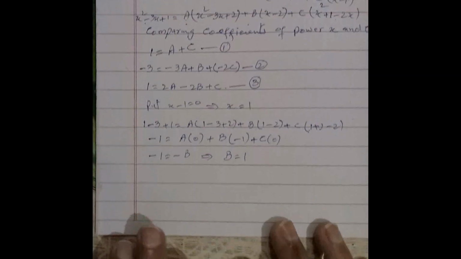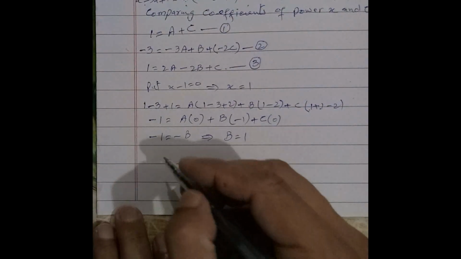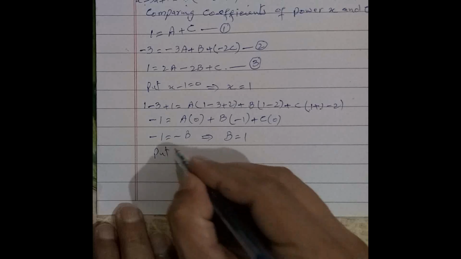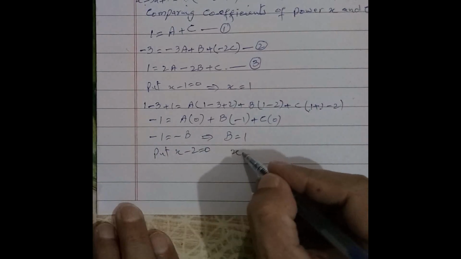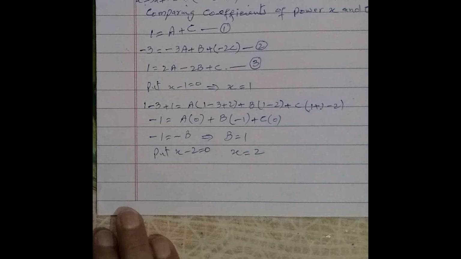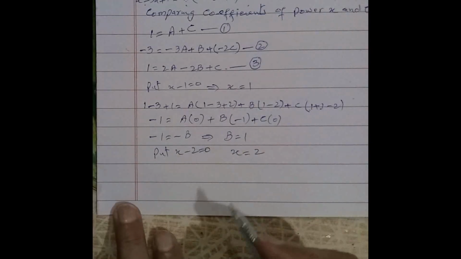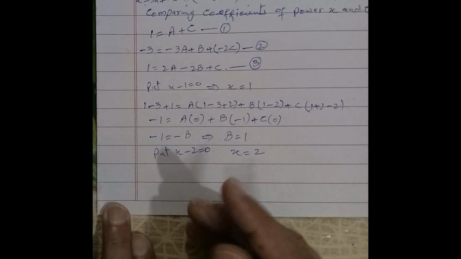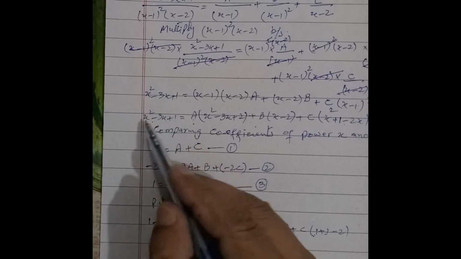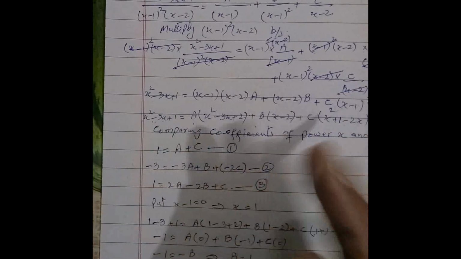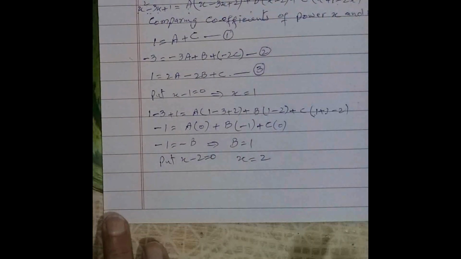And the next is, we put x minus 2 is equal to 0, x is equal to 2. In the equation x square minus 3x plus 1, we put x is equal to 2.